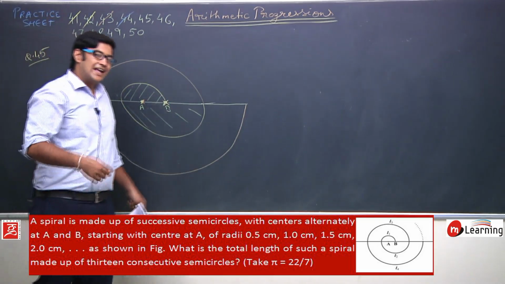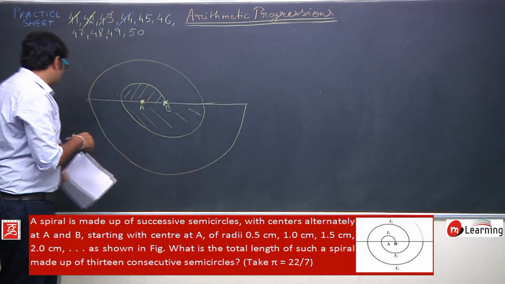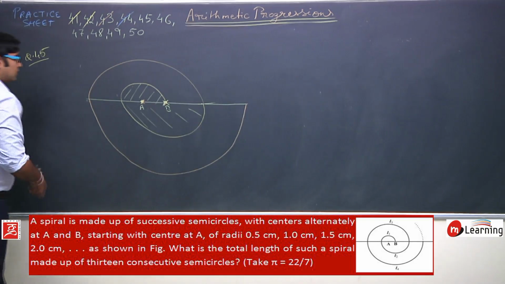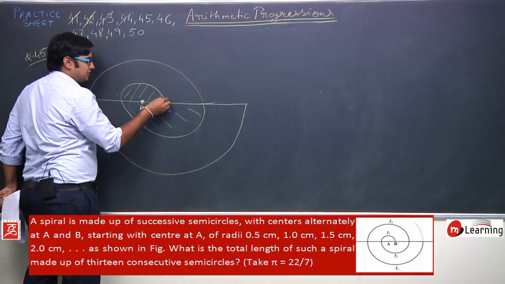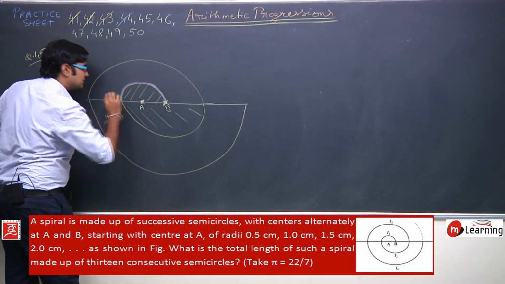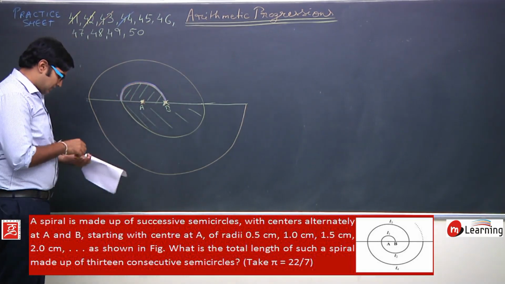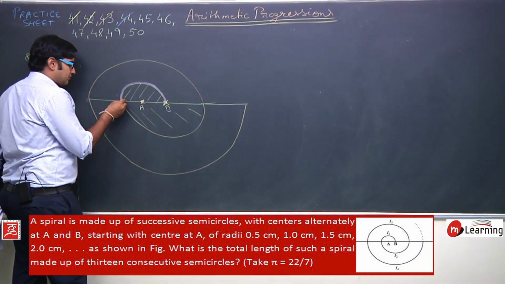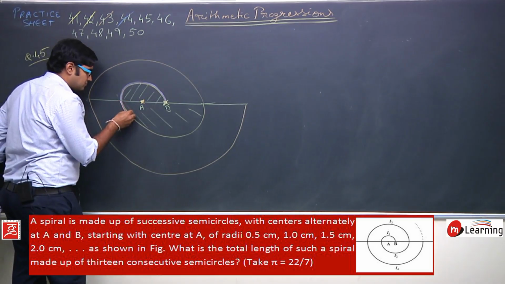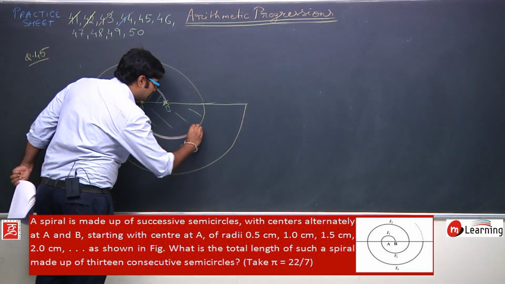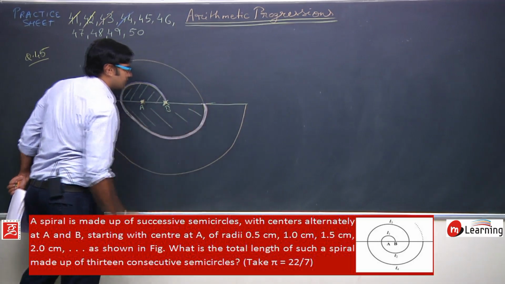Okay. So what I can see is there are different semicircles. Let us mark them differently. This first semicircle is drawn with A as the center. Okay. Then this second semicircle is drawn with B as the center.